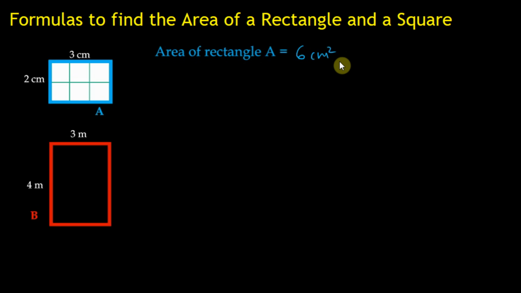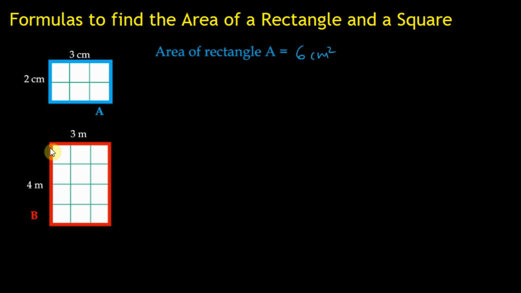Now let's have one more rectangle with the length 4 meters and width 3 meters and name it rectangle B. Once again, let's draw lines to divide this rectangle into small squares with all sides of 1 meter. Thus, we got a grid with each square of 1 square meter. So to find the area of rectangle B, we will count all the grid squares inside it.